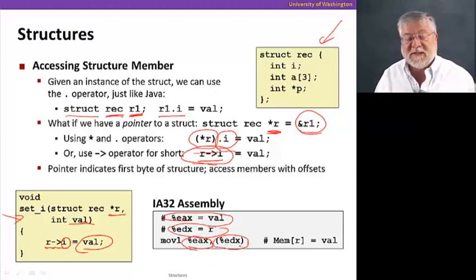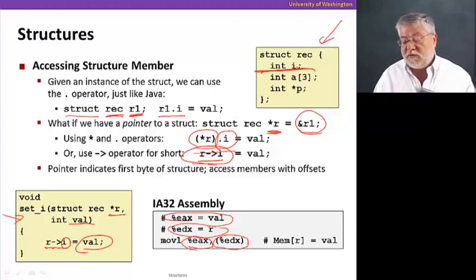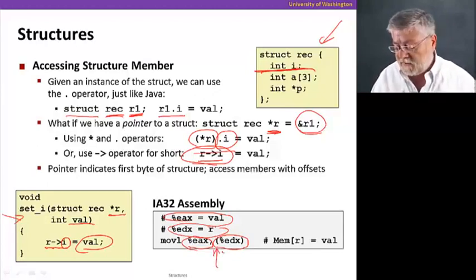So the parentheses again are the dereference operator. In this case we don't have an offset because the I is the very first element of the struct. So it's at that starting address. If we had to provide an offset, there would have been an additional offset here in front of the parentheses.